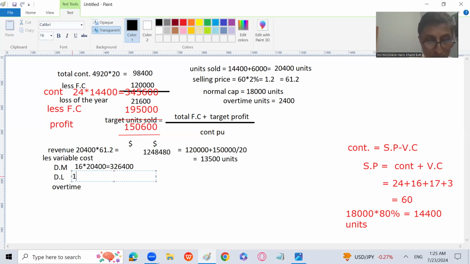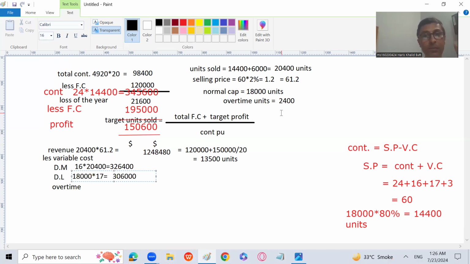On 18,000, we are supposed to pay the normal direct labor, which is 17, because direct material is 16 and direct labor is 17. So the amount is going to be 306,000. Overtime is for 2,400 units.